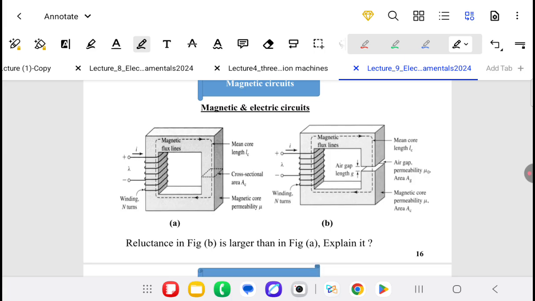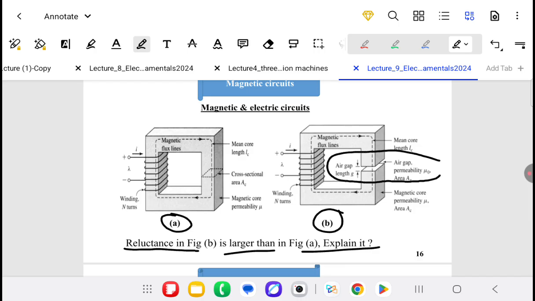What is the difference, or why is the reluctance of figure B larger than the reluctance of figure A? We can see that for figure B there is an air gap, and an air gap has a reluctance equal to the length of the air gap divided by mu of the air gap, which is mu naught, times the area of the air gap.